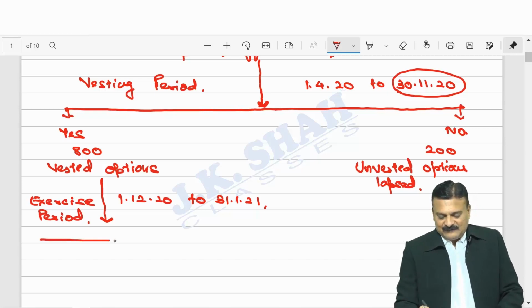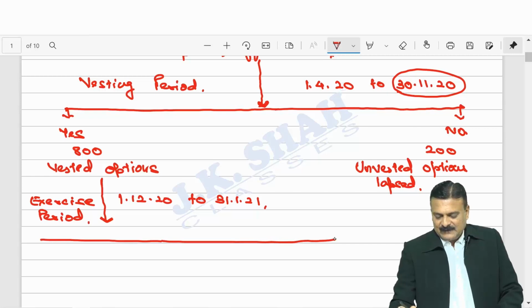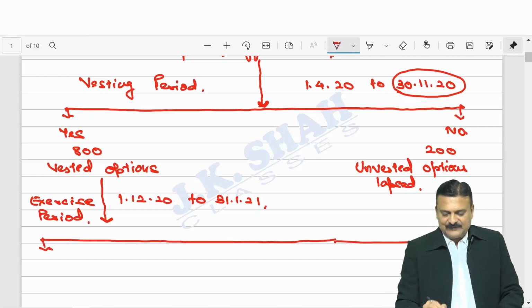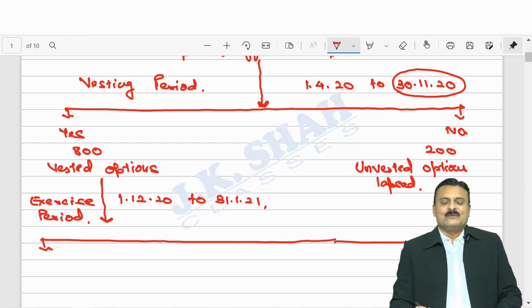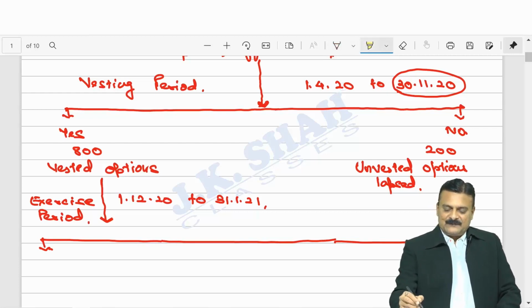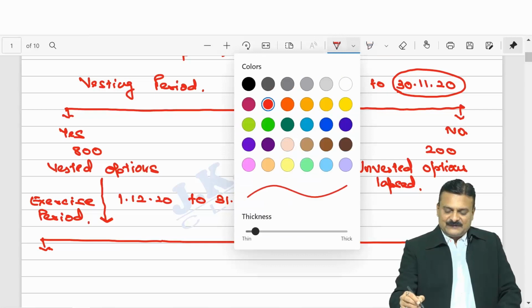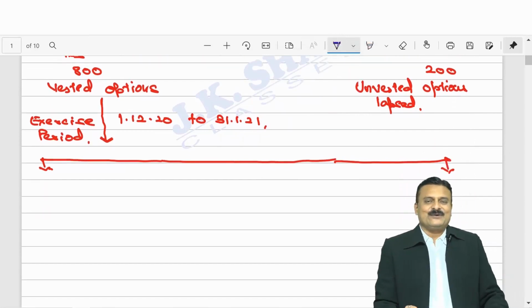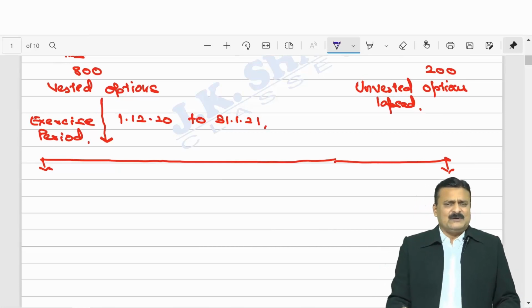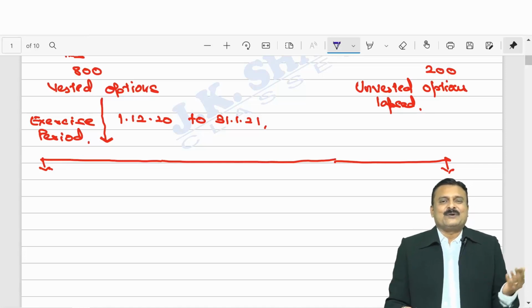At the end of the exercise period, again there are chances of 2 outcomes. What are the 2 outcomes now? Those who said yes, vested options, 800, may be possible after 2 months they are not able to arrange the funds, or maybe they have some other priority, some medical emergency, education for children, and so forth.